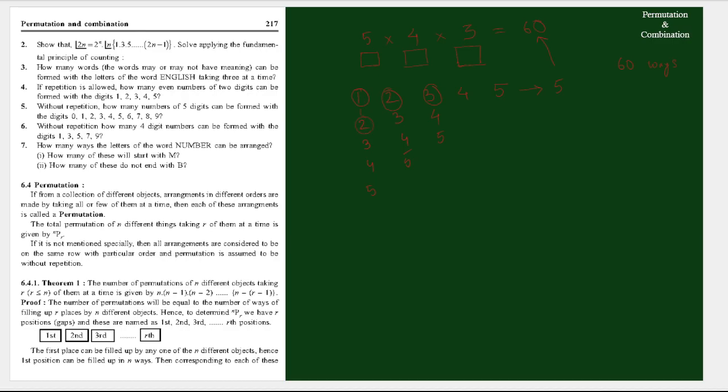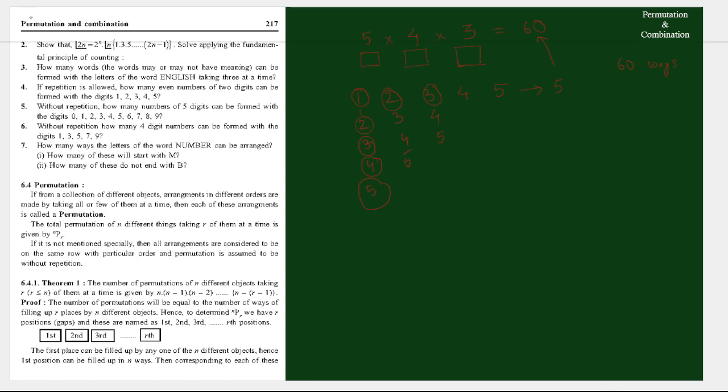It can start by 2, 3, 4, or 5. So in how many ways it can be arranged among itself, that is also counted in permutation. Clear? Understood?